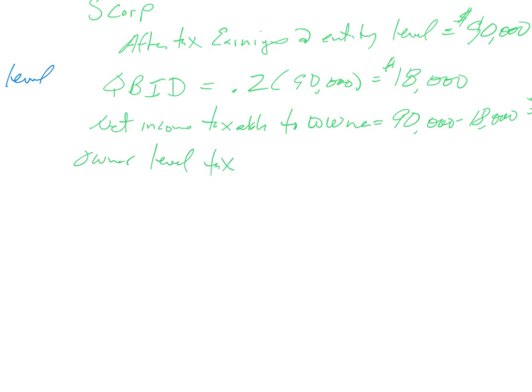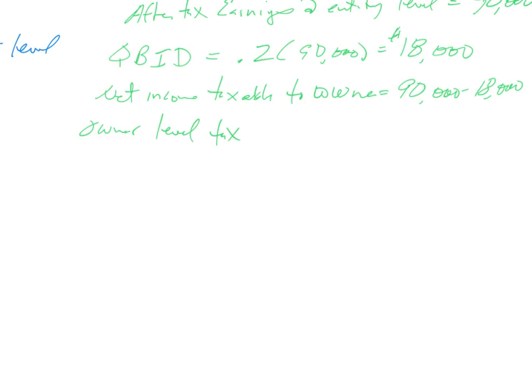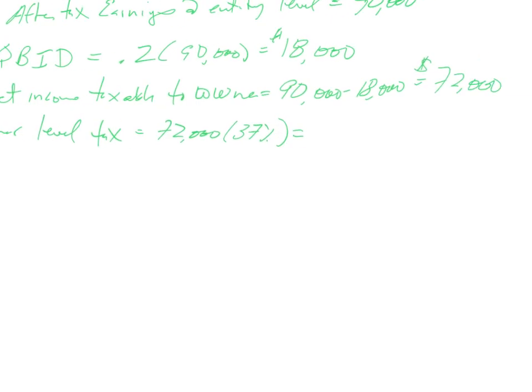So the owner-level tax is our $72,000 that flows through, taxed at our individual rate. And that is going to be $26,640.